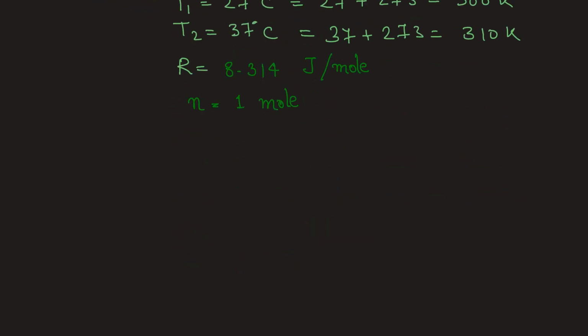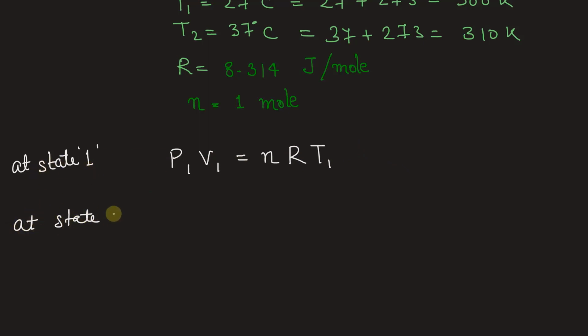So from the ideal gas equation, we can write pressure at state 1, P1 into V1 will be equal to nRT1, right? This is at state 1. Now at state 2, from the ideal gas relation we can write P2 V2 is equal to nRT2. Since the container volume is fixed, V1 is equal to V2.